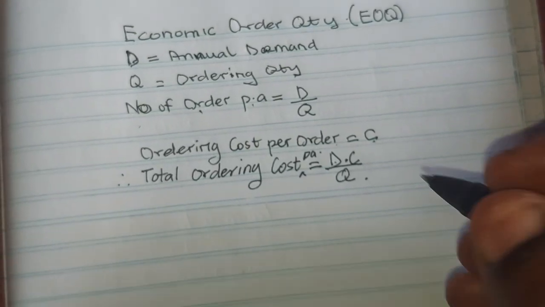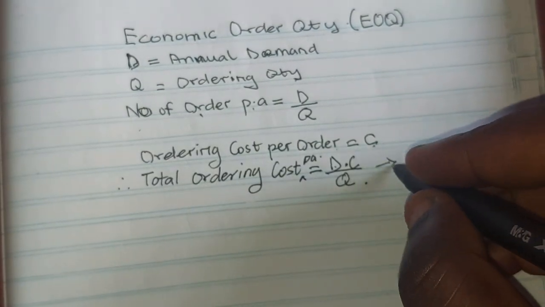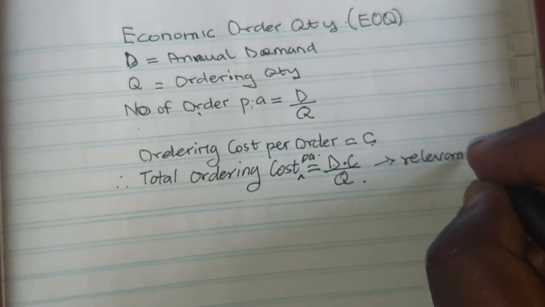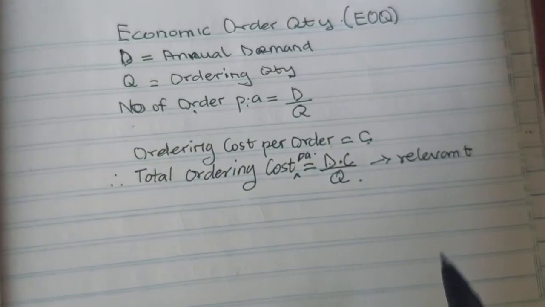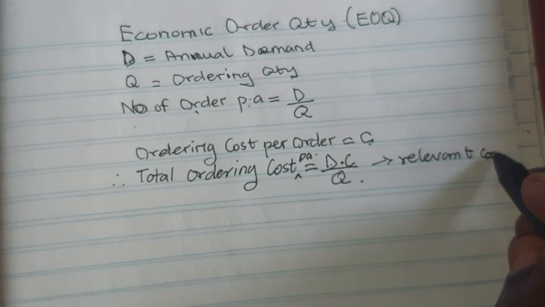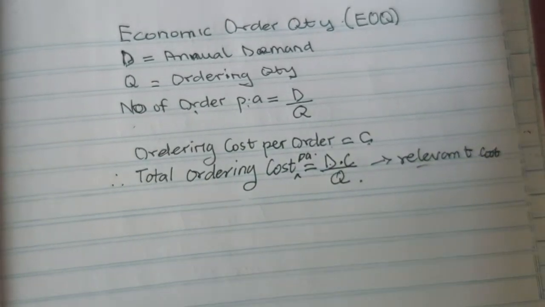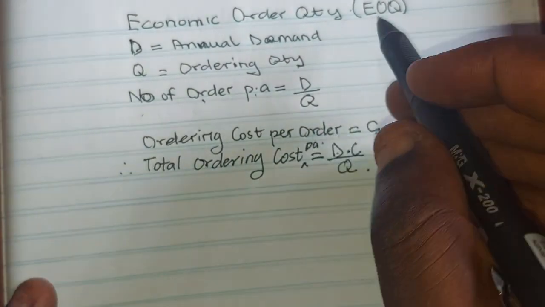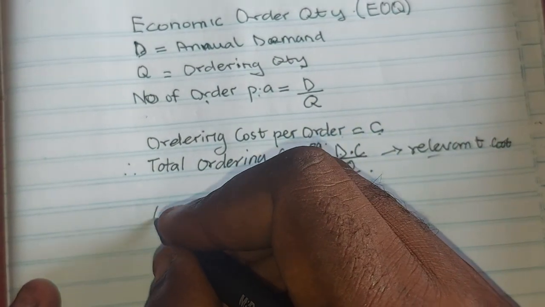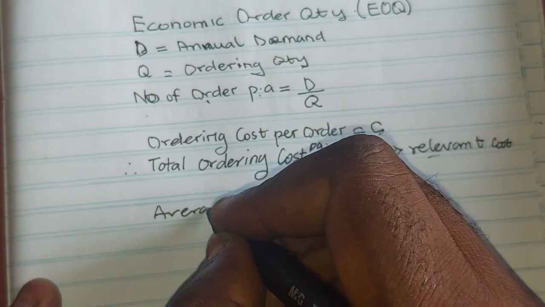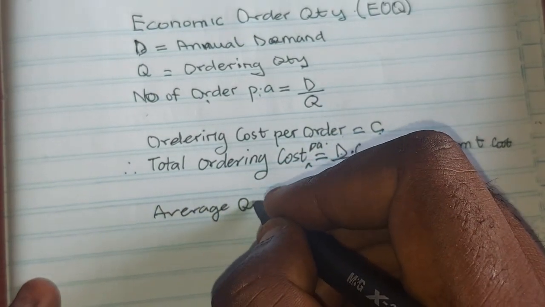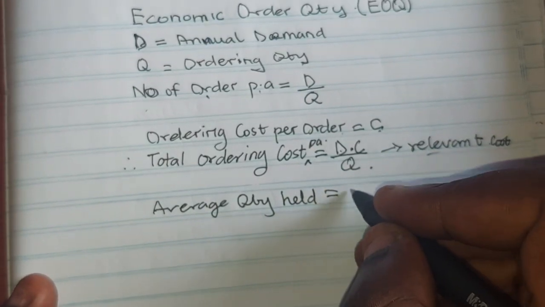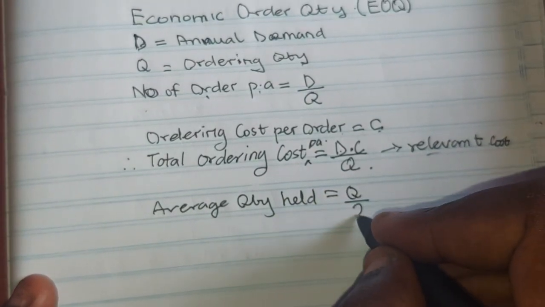All right, and this cost is called a relevant cost. It is one of the relevant costs when it comes to inventory control. So take note of that. All right, now the average quantity held is given as Q over 2.